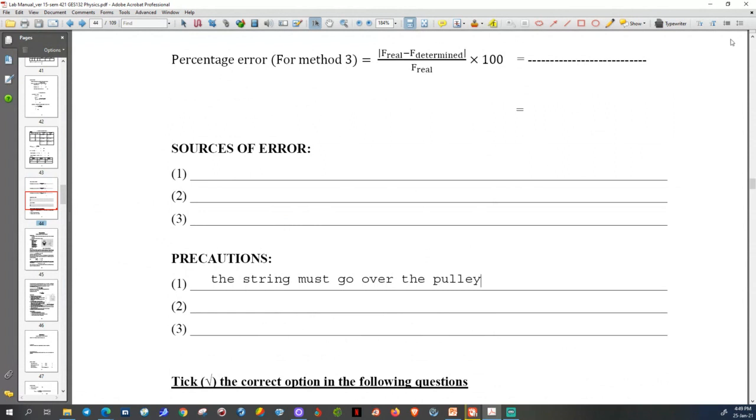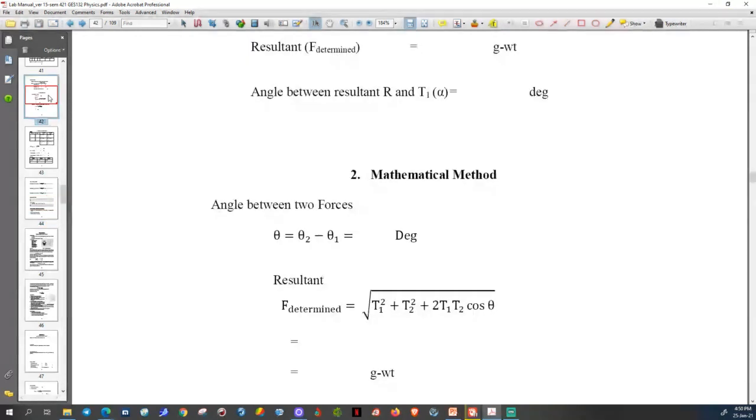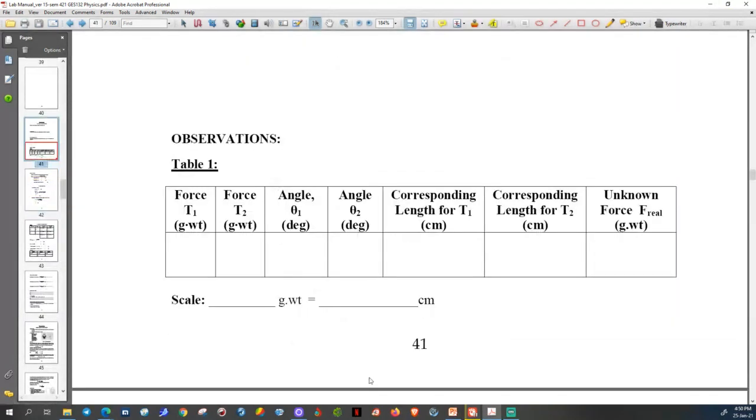What else is a precaution? The masses must be steady. What does it mean, must be steady? They should not be moving. Is that clear? So you will write this in your report as well. I'm making the report for you. Let's continue with our video.